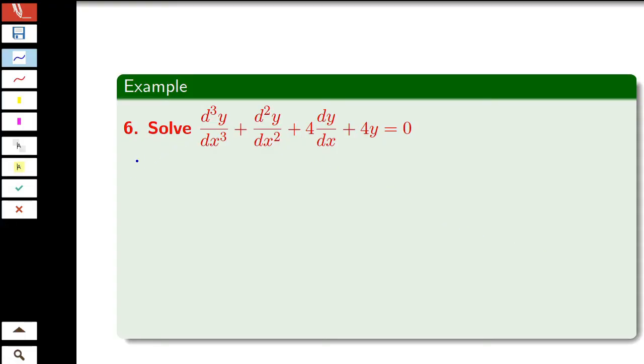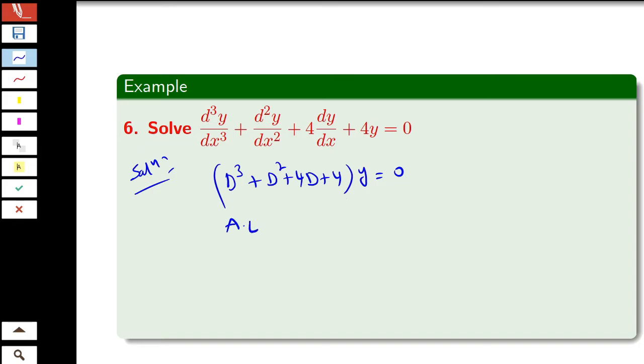Then come to example 6 solution. Here, write in operator form. The given differential equation in operator form is D cube minus D square plus 4D plus 4 equal to 0, into y equal to 0.